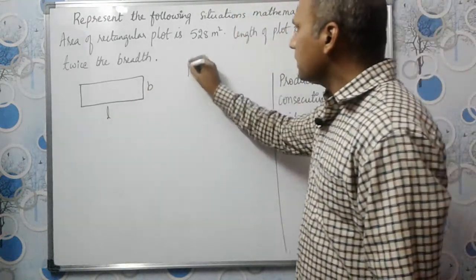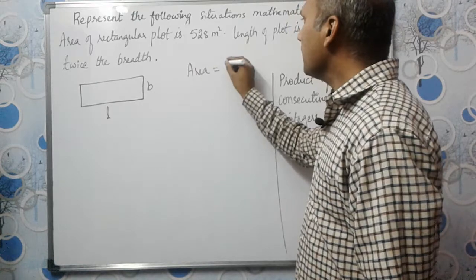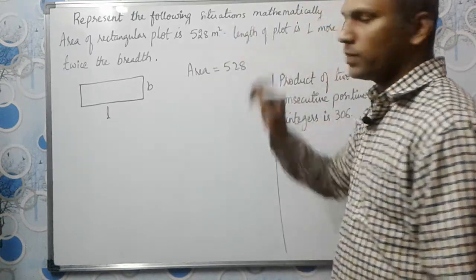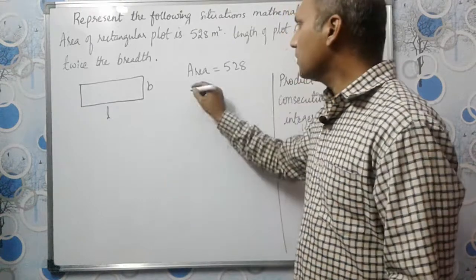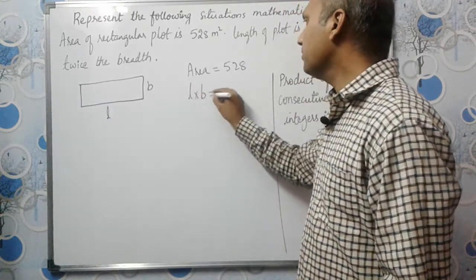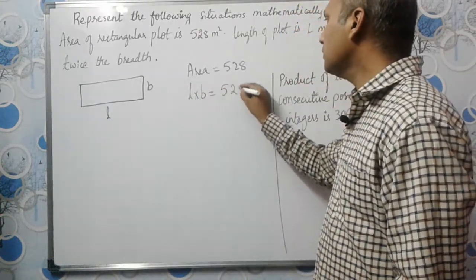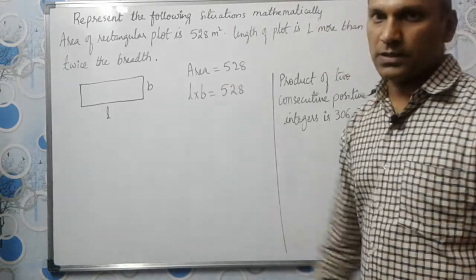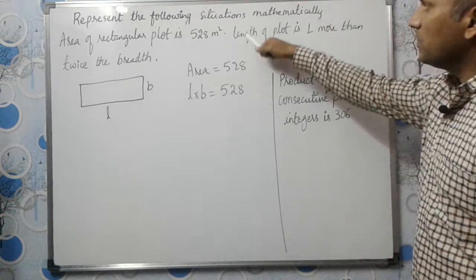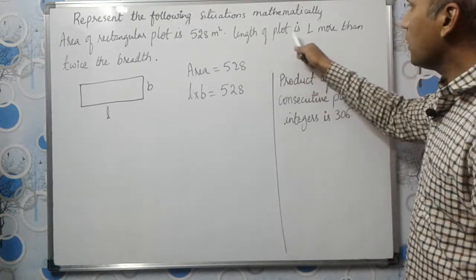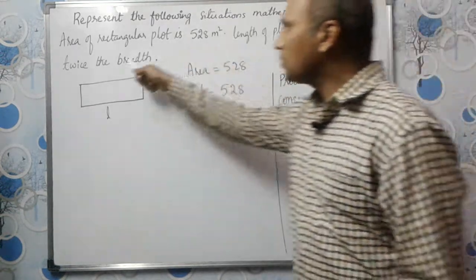Okay, and what is given? Area is 528 meters square. But we know area of a rectangular plot or rectangle is equal to how much? Length multiplied by breadth. Length into breadth will be equal to 528. L into B is equal to 528. This is given. See, there is one more information given. Length of the plot is 1 more than twice the breadth.